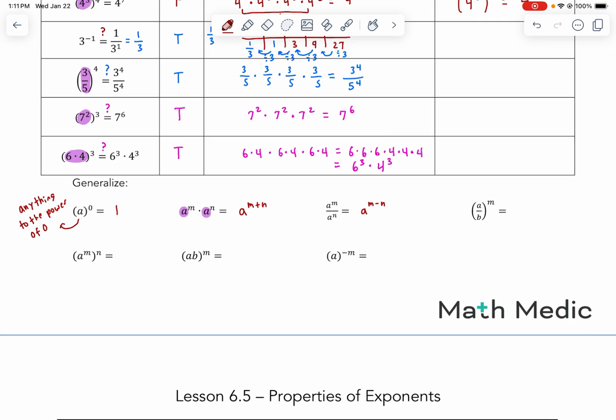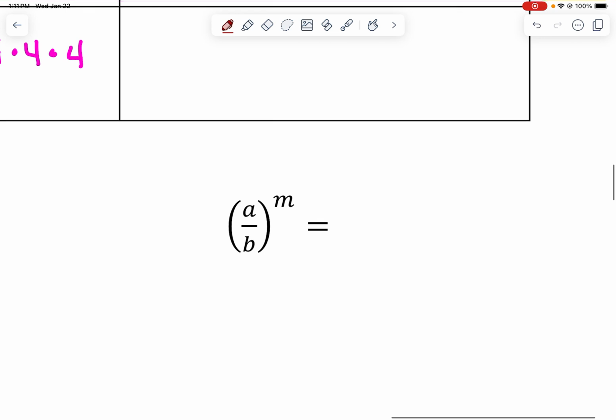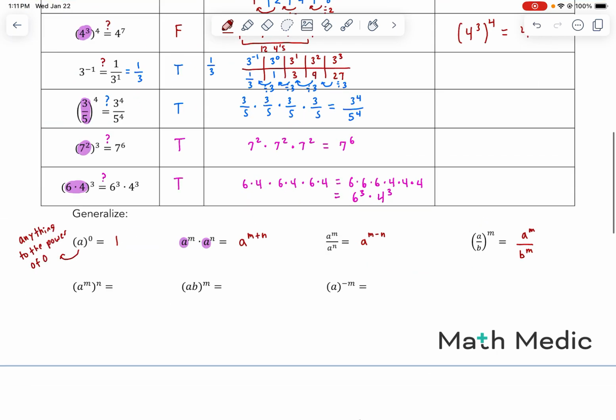All right. And then here, if you look at this next one, if you tie it into this example right here, if you have a fraction being raised to an exponent, we can kind of think of distributing the exponent into each number in the fraction. So this is equal to a to the m over b to the m. Okay.